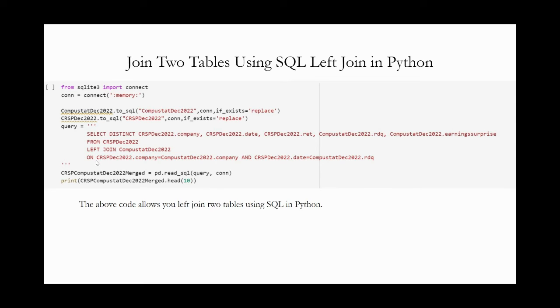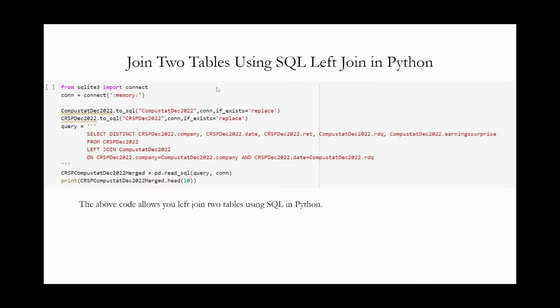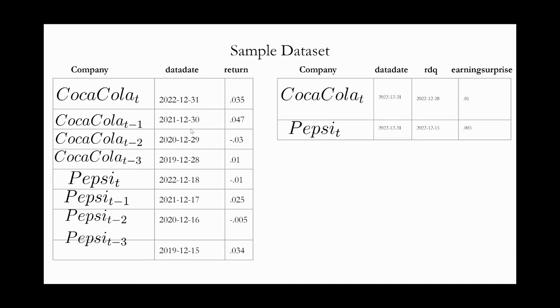And then we say on, so basically what are we matching these two tables on? Well, first we're going to match it on company, right? Coca-Cola to Coca-Cola and Pepsi to Pepsi. And then we're going to match it not just on company name, but we also have to match it on the date, right? So we want this data date to equal RDQ.